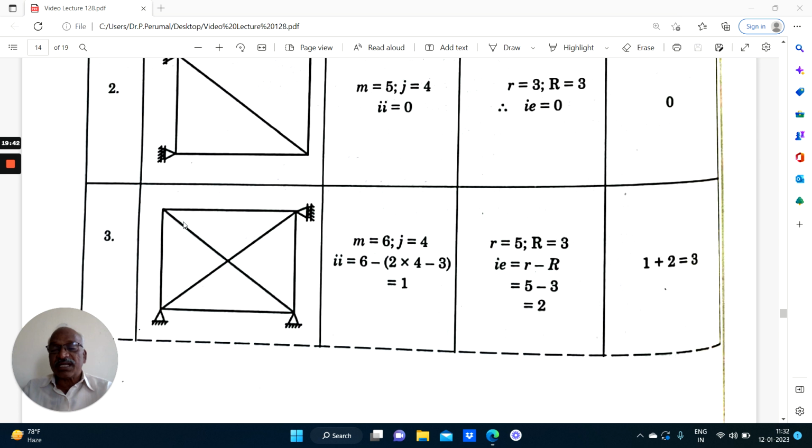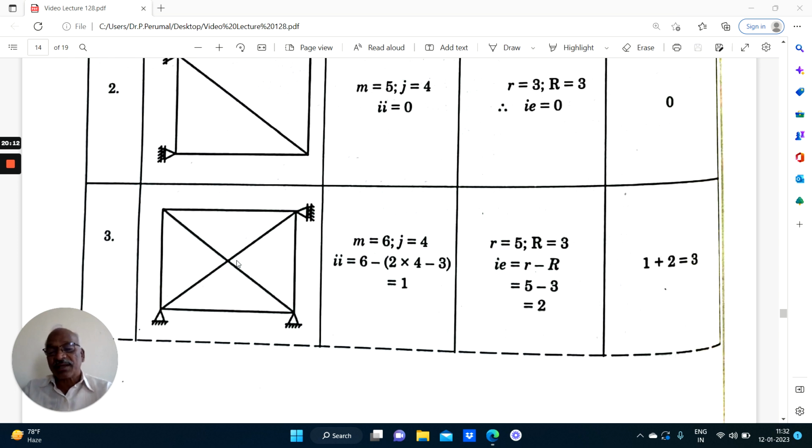Coming to internal indeterminacy, we have got 4 outside members and 2 diagonal members. Sometimes students confuse this as a joint and all these as members. Please avoid that. It is a crossing of 2 diagonal members. Therefore, this is not a joint, and this is a member from here to here. So that confusion need not be there.